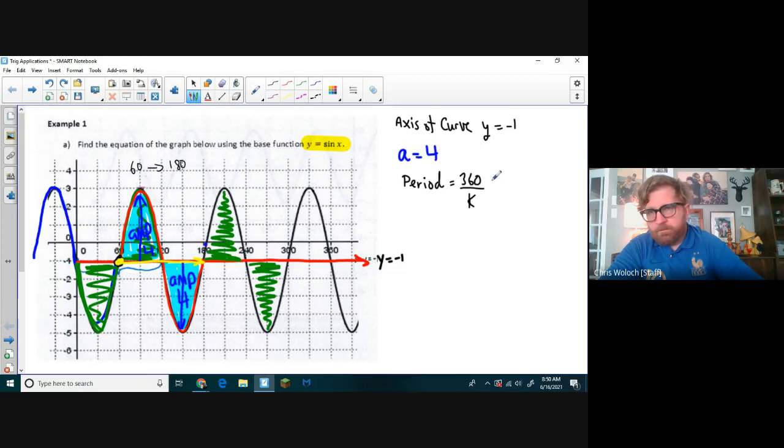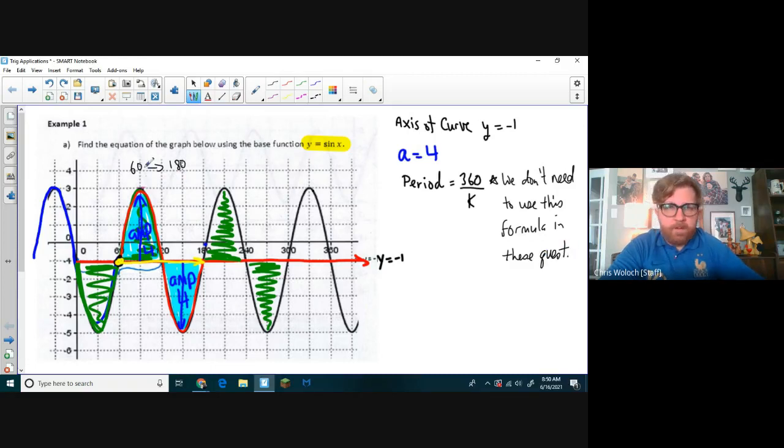So let me just write that. We don't need to use this formula in these questions. Here I can just count it.